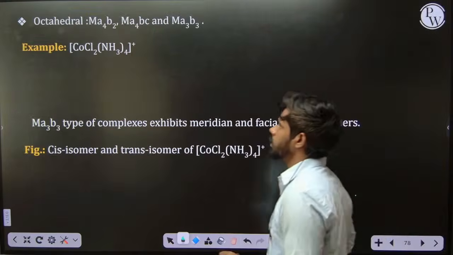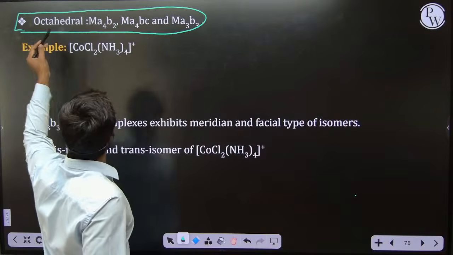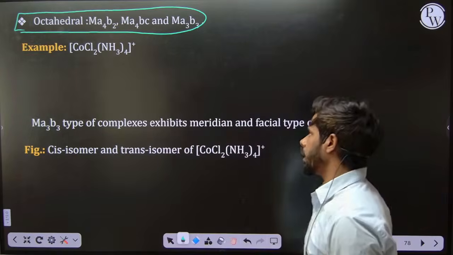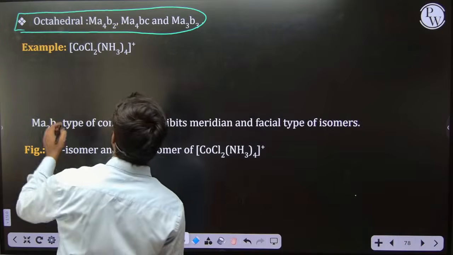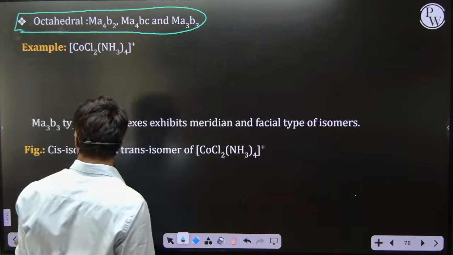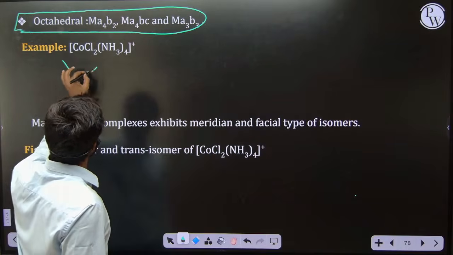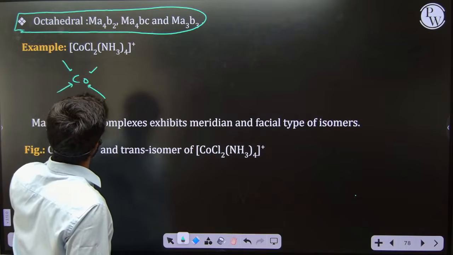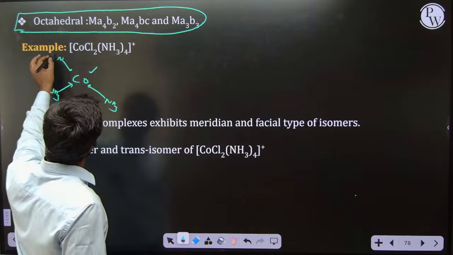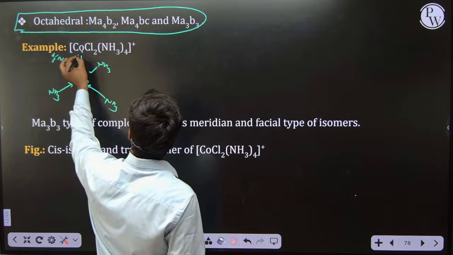Next, octahedral complexes. Octahedral complexes like MA4B2 and MA4BC can show geometrical isomerism. For example, 4 NH3 are there, and 2 chlorine are there.